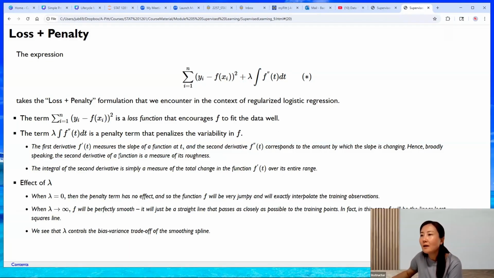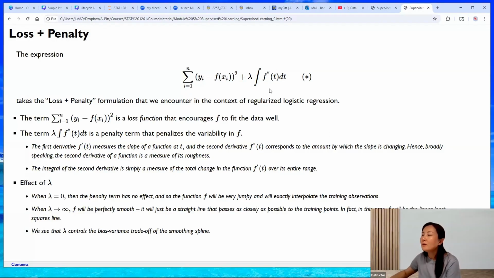So it is a measure of how rough a curve is, or the wiggliness of a curve. And by taking the integral of it over the entire region of x, this is the measure of the overall roughness of the curve.